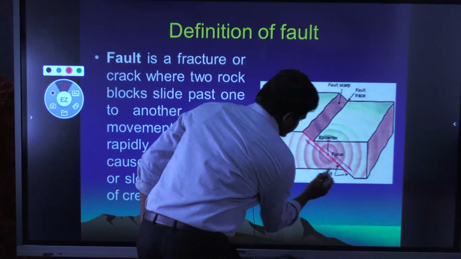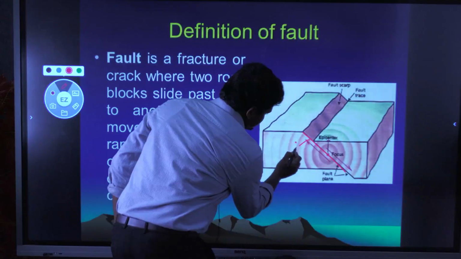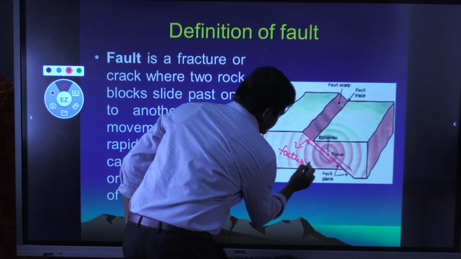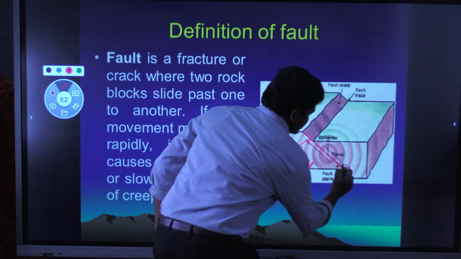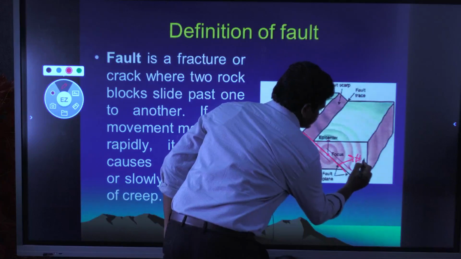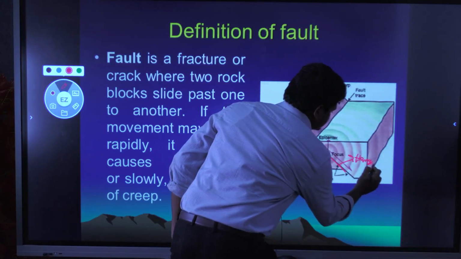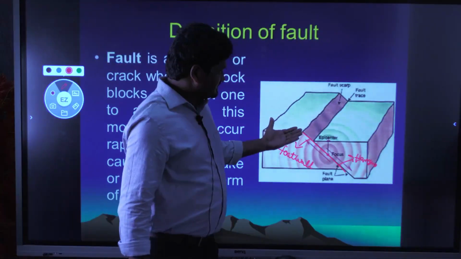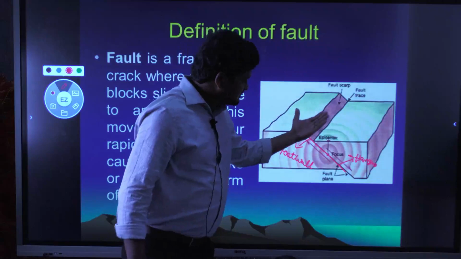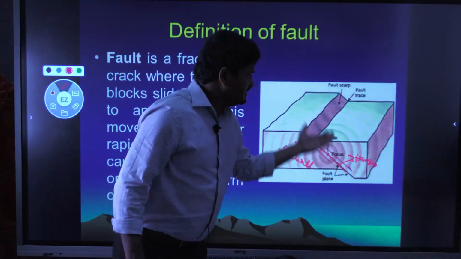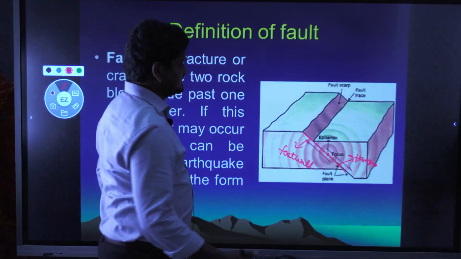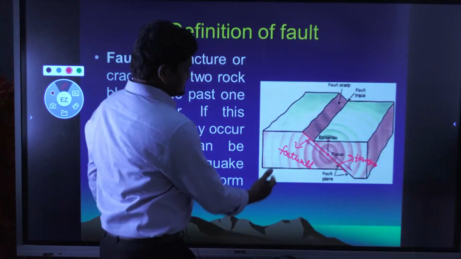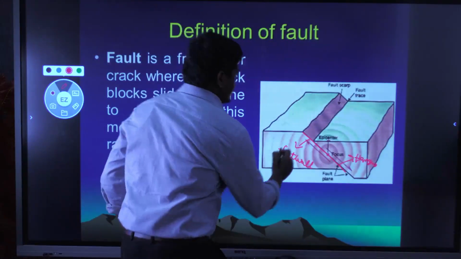This is the hanging wall. If one particular side is displaced downward with respect to the footwall, it will be called a normal fault. We will discuss that. So we now know the terminology of a fault: this is the footwall, this is the hanging wall.